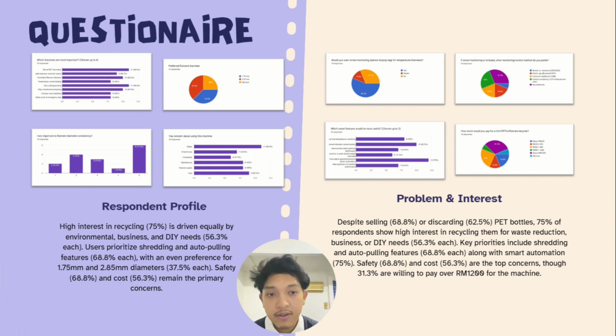Key priorities include shredding and auto pulling features, at 16.8% each, along with smart automation at 75%, safety at 16.8% and cost at 56.3%, the top concern. Though 21.3% are willing to pay over 1,200 ringgit for the machine.